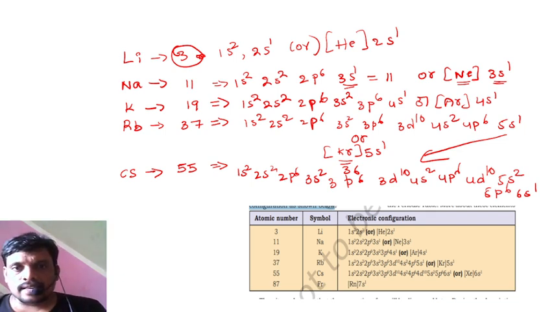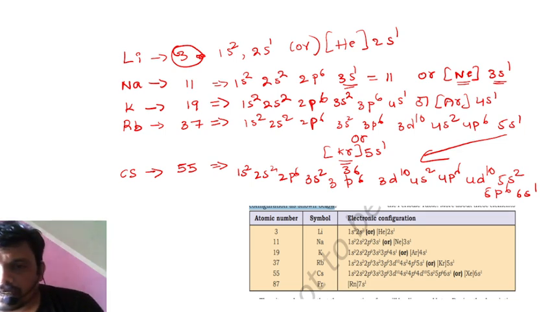4 plus 6 is 10, 10 plus 2 is 12, 12 plus 6 is 18, 18 plus 10 is 28, 30, 36, 36 plus 10 is 46, and 46 plus 2 is 48, 48 plus 6 is 54, 54 plus 1 is 55.